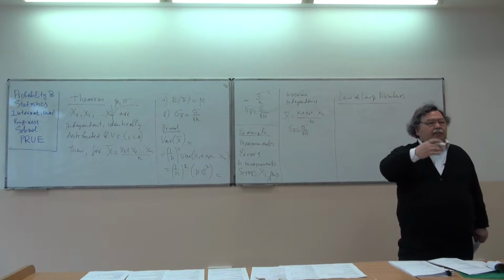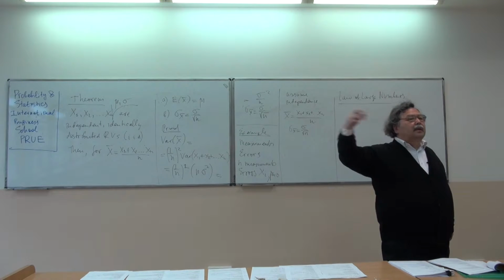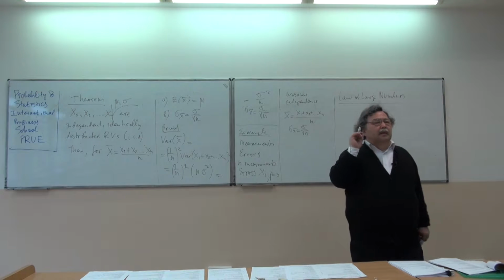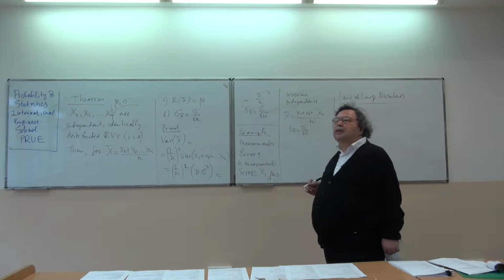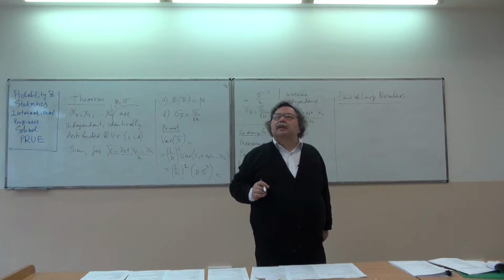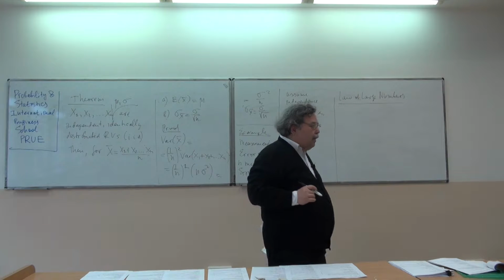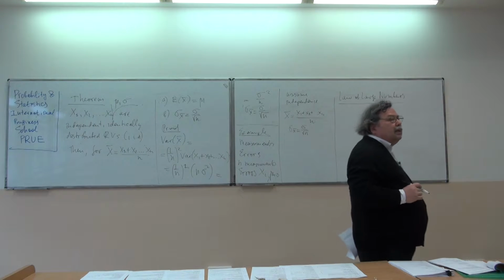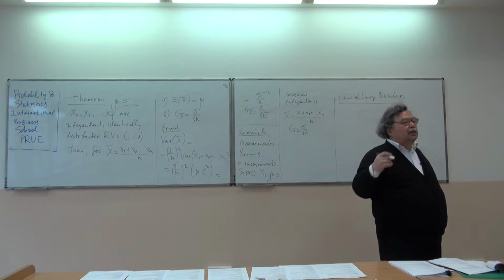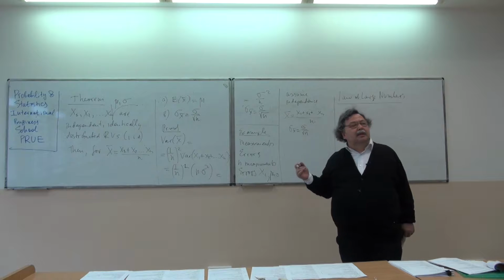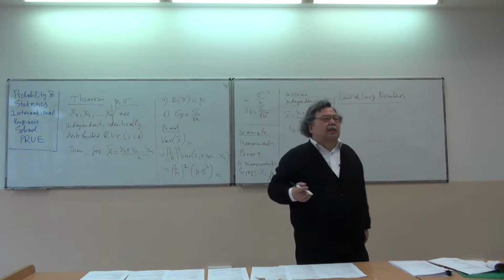Suppose we reproduce the same experiment n times and compute this average of the values, x1 plus x2 plus xn divided by n. Well, if n goes to infinity, what do we expect of this arithmetic average?